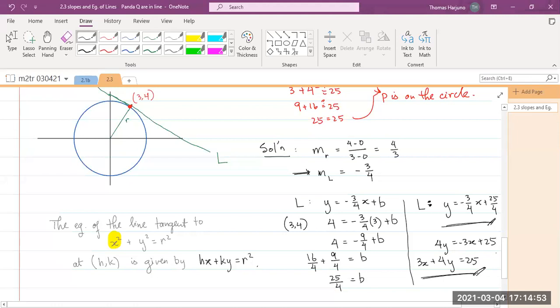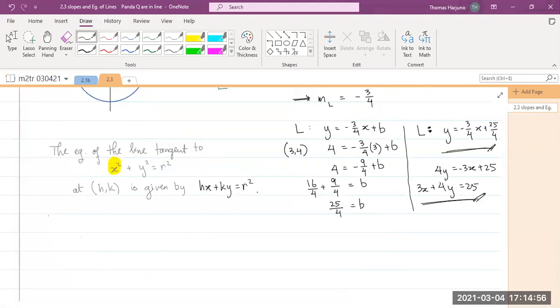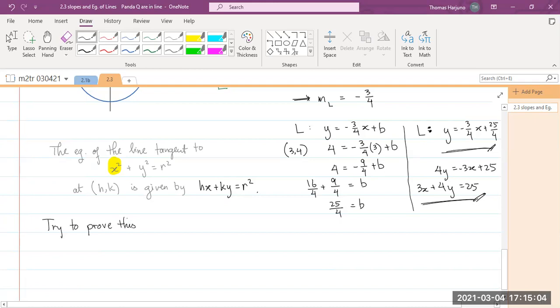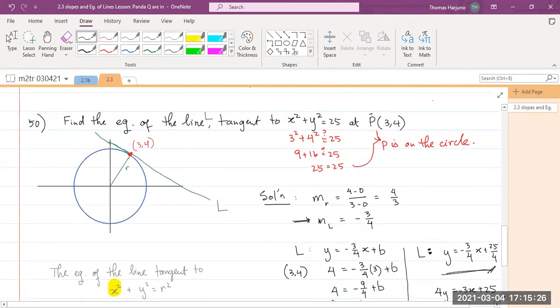In fact, I can ask you to prove this. Try to prove this using the idea from number 50. Okay, so you replace the 25 by r squared, and you replace the (3, 4) by (h, k).